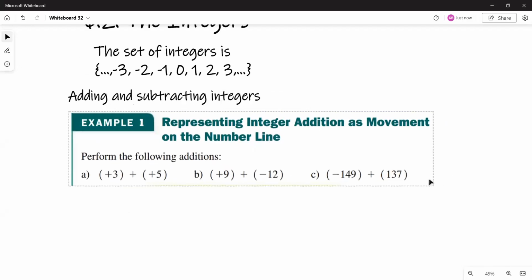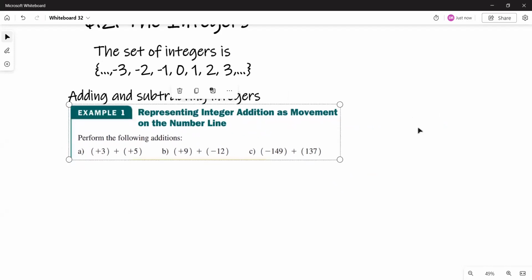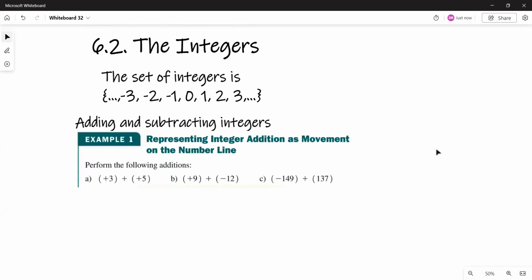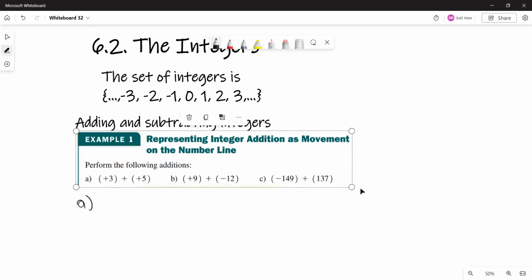Okay, so we are going to perform the following additions on the number line. So in A, we are adding +3 plus +5.